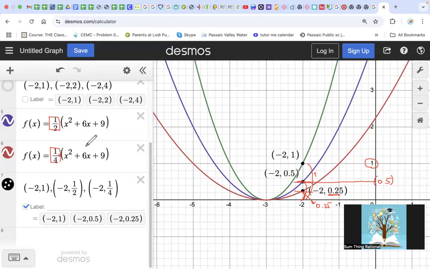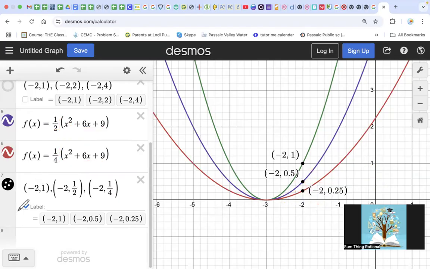So if you have a quadratic function and multiply it by a number like 1 over 2, which is less than 1 and bigger than 0, or like 1 over 4, which is less than 1 and bigger than 0, you are doing vertical compression. Your graph is becoming closer to the x-axis each time. That is what we call vertical compression.